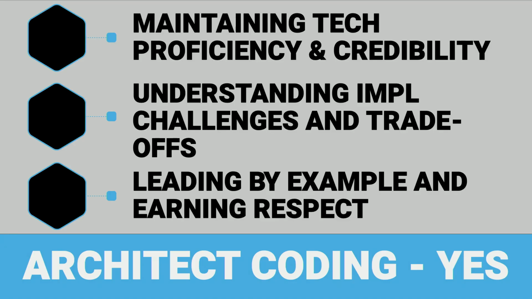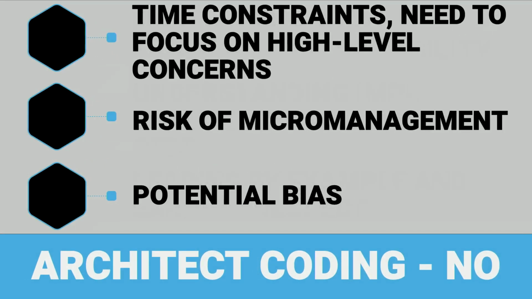And you also won't be able to understand the implementation challenges and trade-offs. If you don't know what the low-level code can and can't do, then you can't make these decisions in a good way, okay? And of course, that leads to leading by example and earning respect, okay?